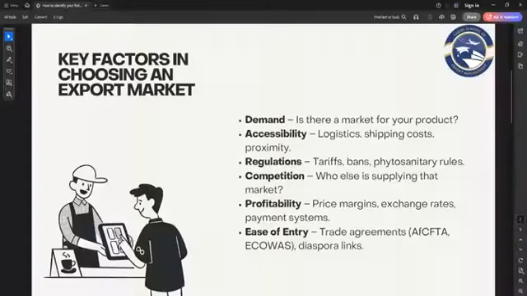Then you look at profitability: price margins, the current exchange rates, and payment systems. Why is this important? Because you want to be sure that whatever you are doing with that country, you are getting paid and you are making good profit.